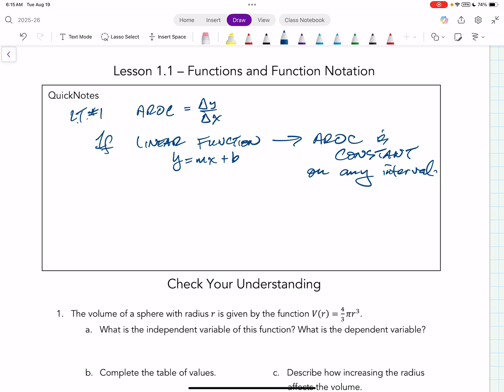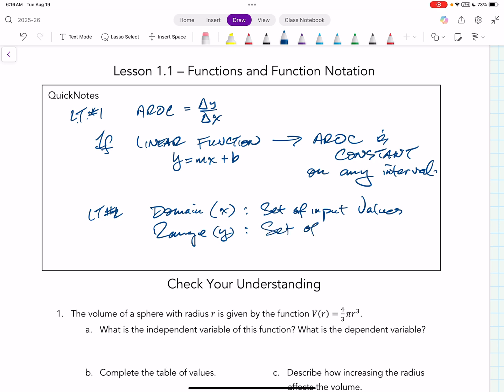We also talked about the domain and the range. Learning target number 2: the domain of the function, which we typically refer to as x, is a set of input values, and the range, typically referred to as y but not always, is a set of output values.